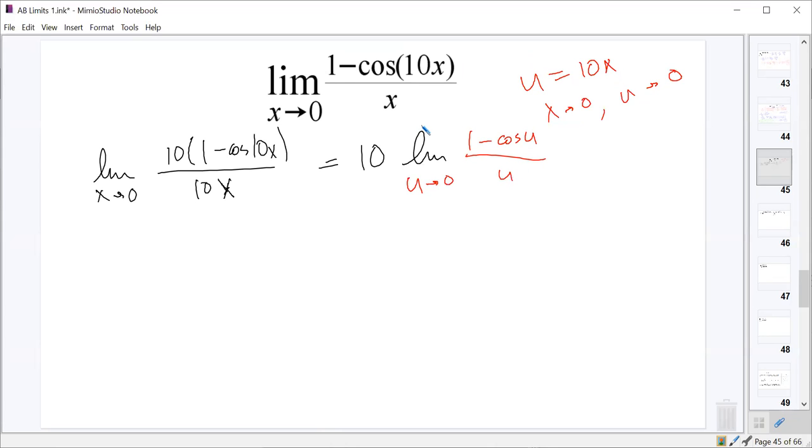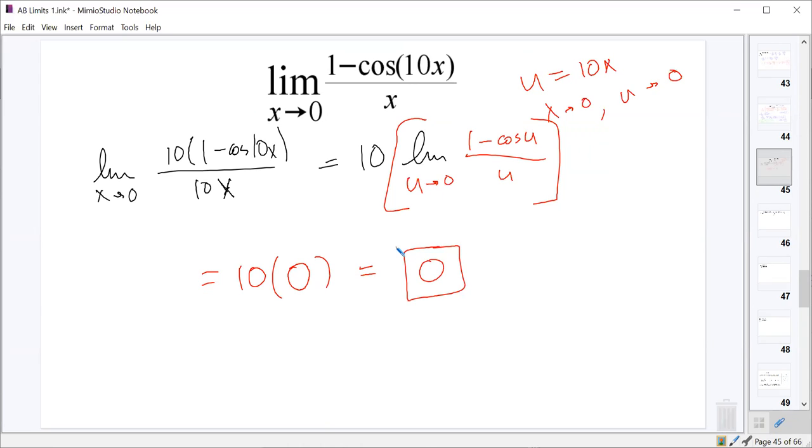And we already know what this limit right here is. It is 0. And so 10 times 0 just gives us 0. Everybody okay with that or no?